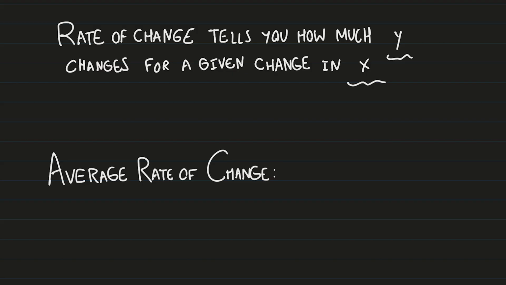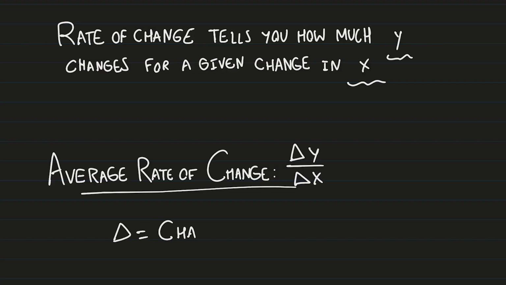The rate of change tells you how much y changes for a given change in x. We usually call this the average rate of change. And the formula for average rate of change is delta y over delta x, where delta means change in. So your rate of change is the change in y over the change in x.